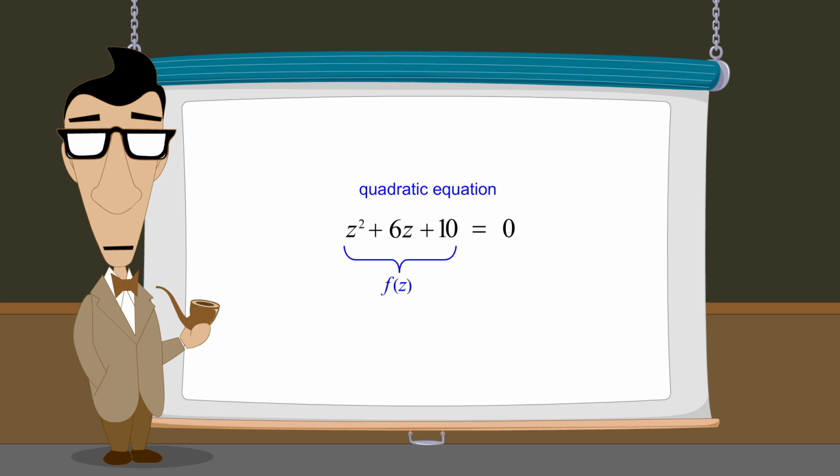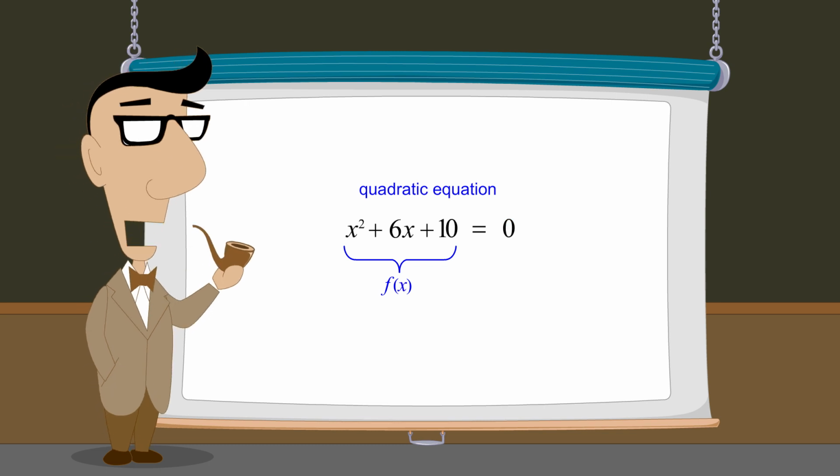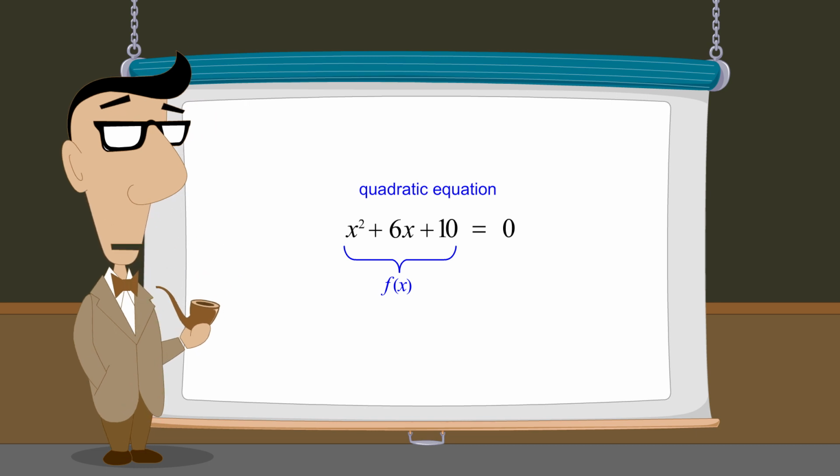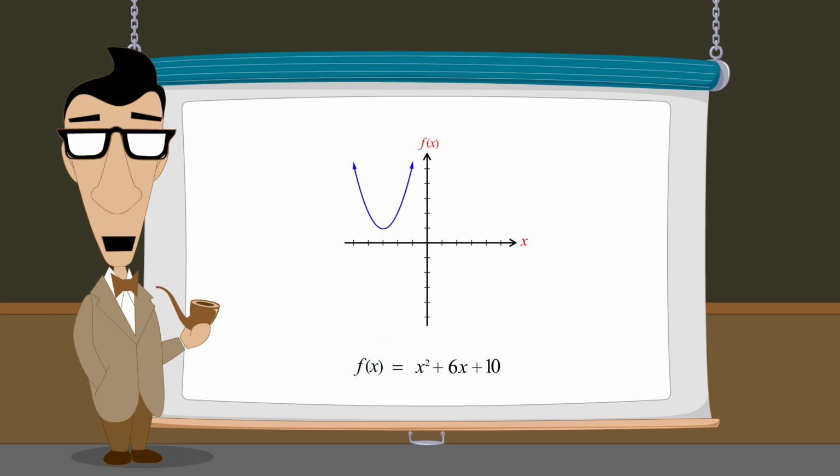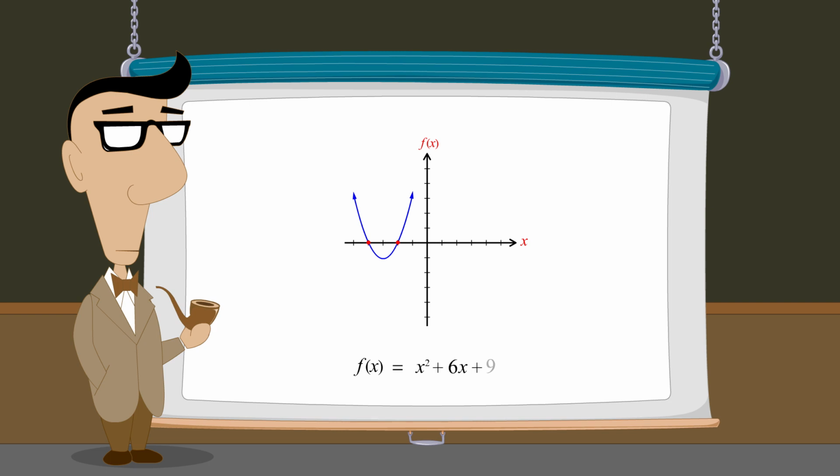In the case of real functions, these x values correspond to the places that the function's graph intersects the x-axis. Therefore, a real quadratic equation in a single variable can have two solutions, one solution, or no solutions.